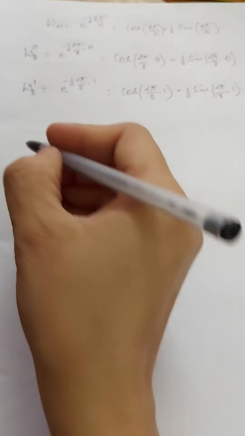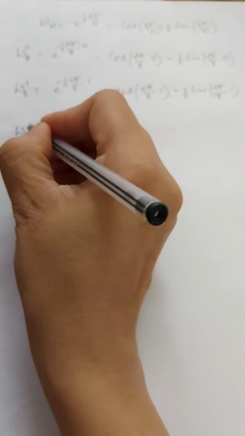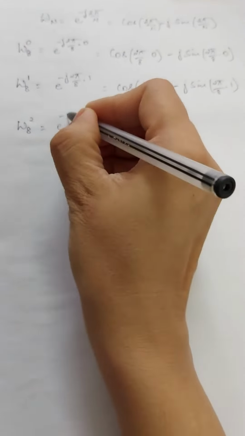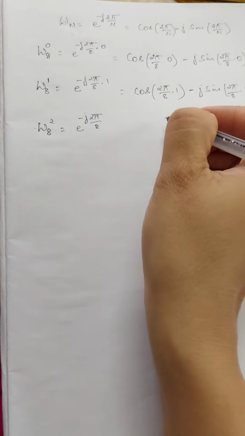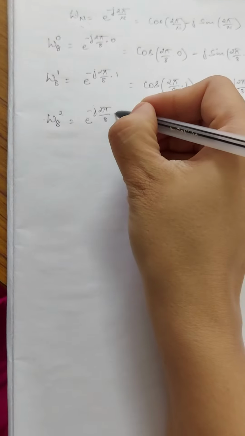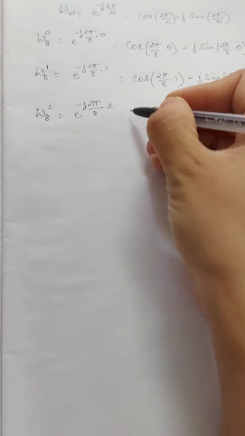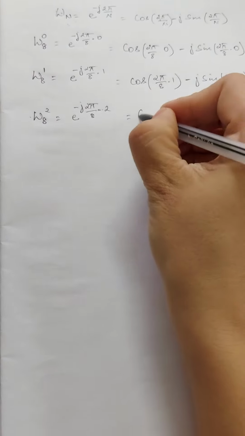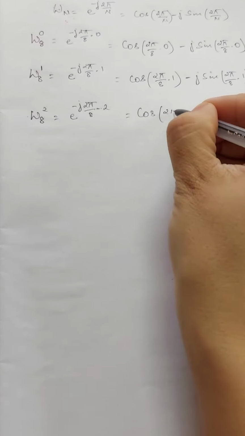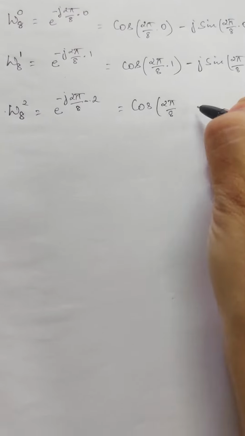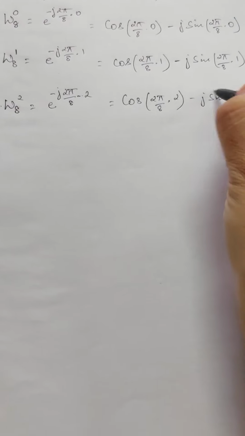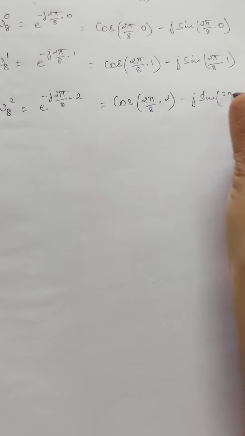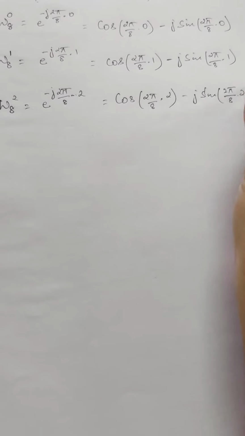Next, W8 to the power of 2 is e to the power of minus j 2 pi by 8 into 2, which is equal to cos 2 pi by 8 into 2 minus j sin 2 pi by 8 into 2.